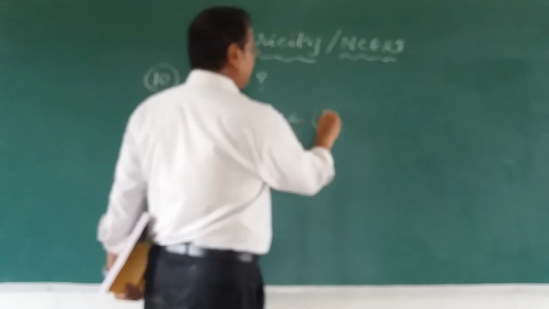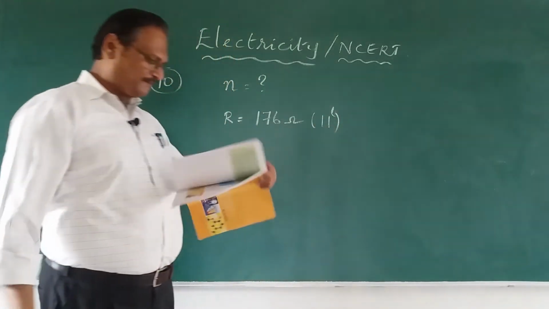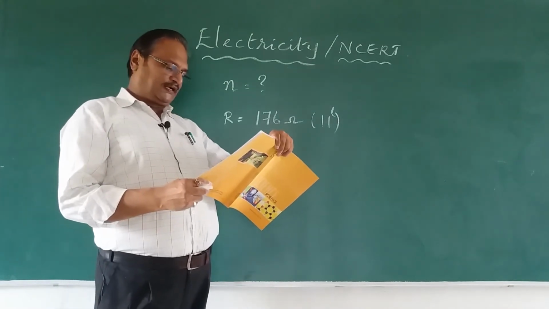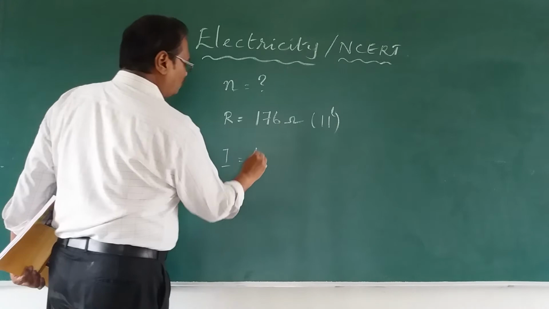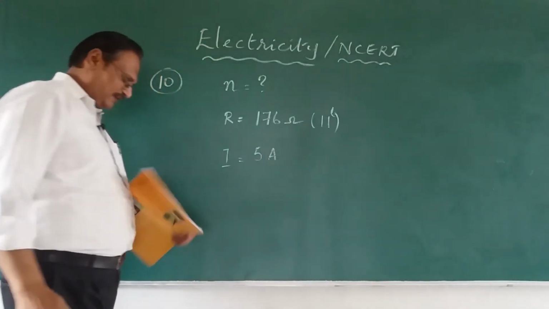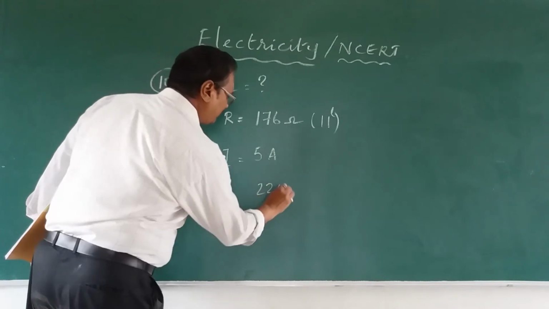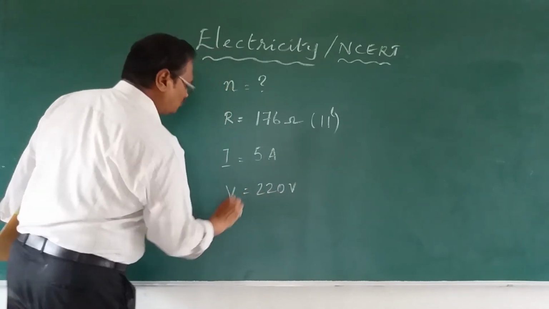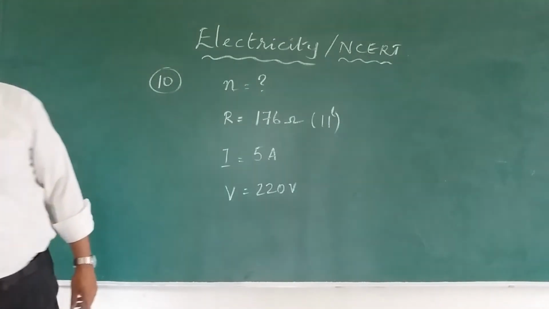They have to be connected in parallel, 2 lines you put it parallel, to carry a current of I is equal to 5 ampere on a 220 volt line, that is the potential difference. The data is there with us.